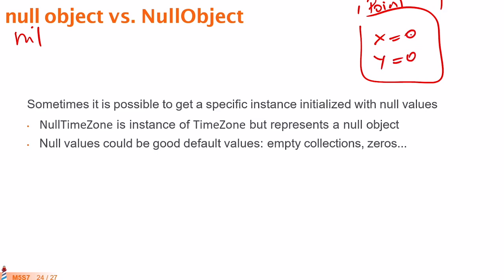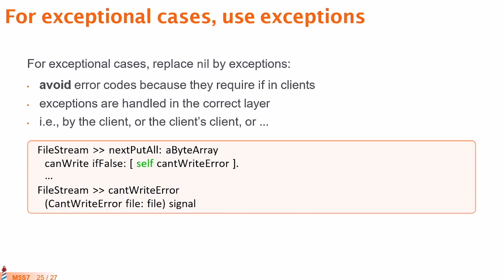That could give us a default point that is usable in case we didn't use the constructor. Some other examples could be to use a null time zone for times, or, as we talked about before, null values for common objects like collections, zeros for numbers, and so on.